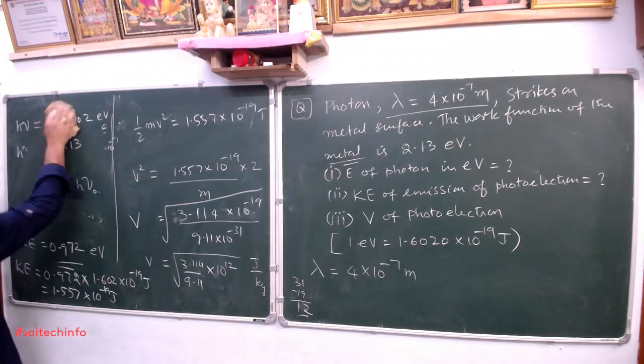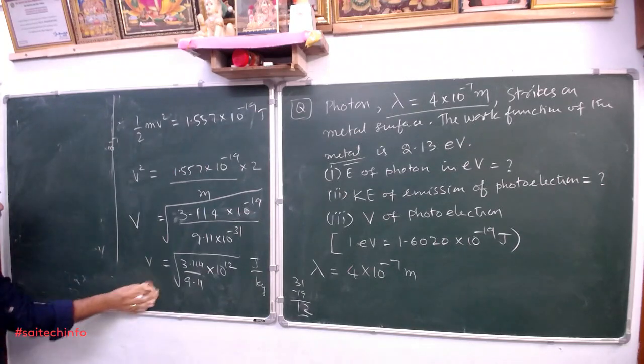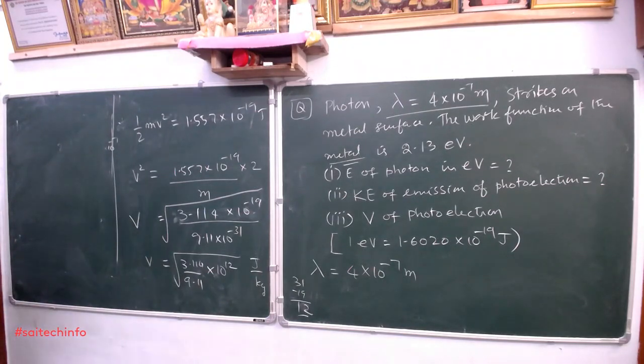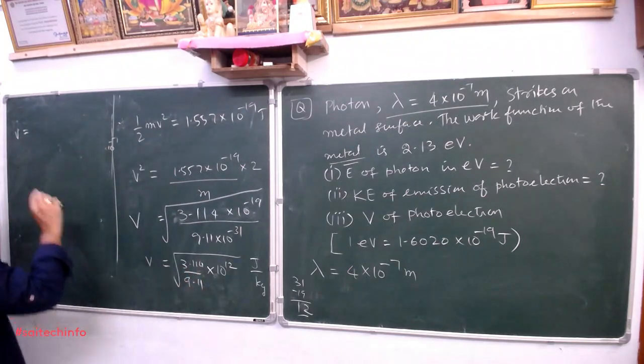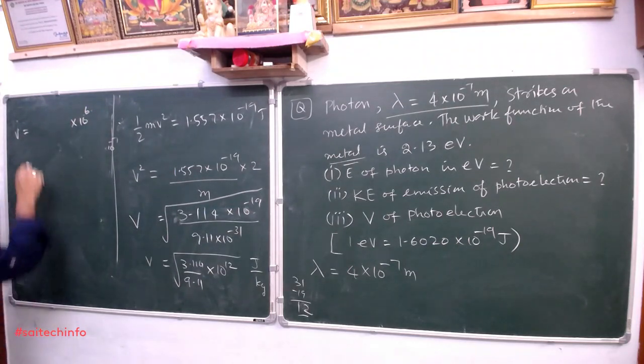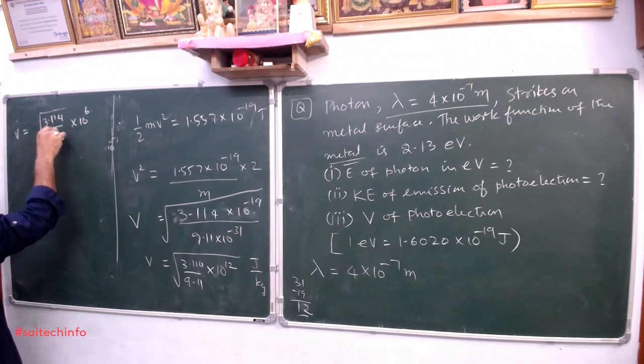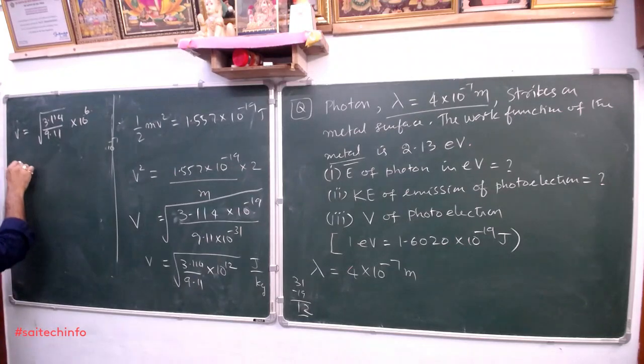Now let us take the square root. So V is equal to, we can take outside the square root 10 power 6, is it not? The remaining is 3.114 divided by 9.11.